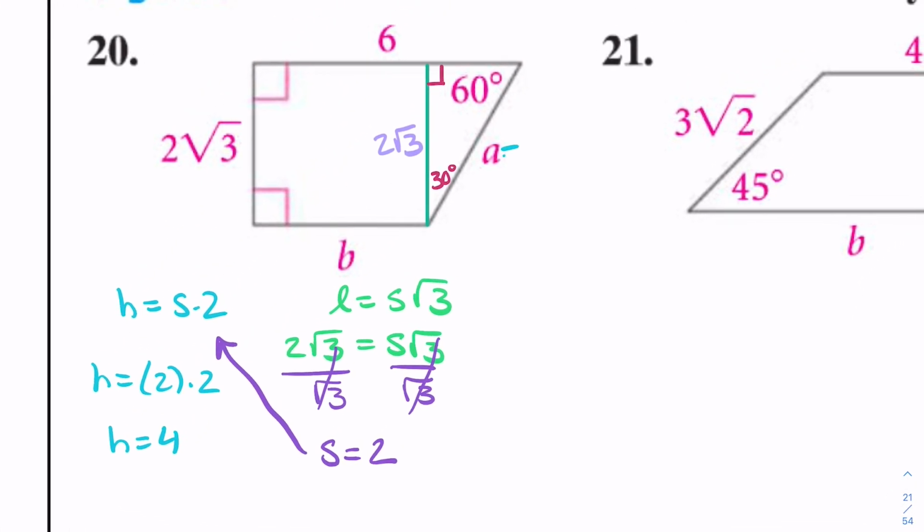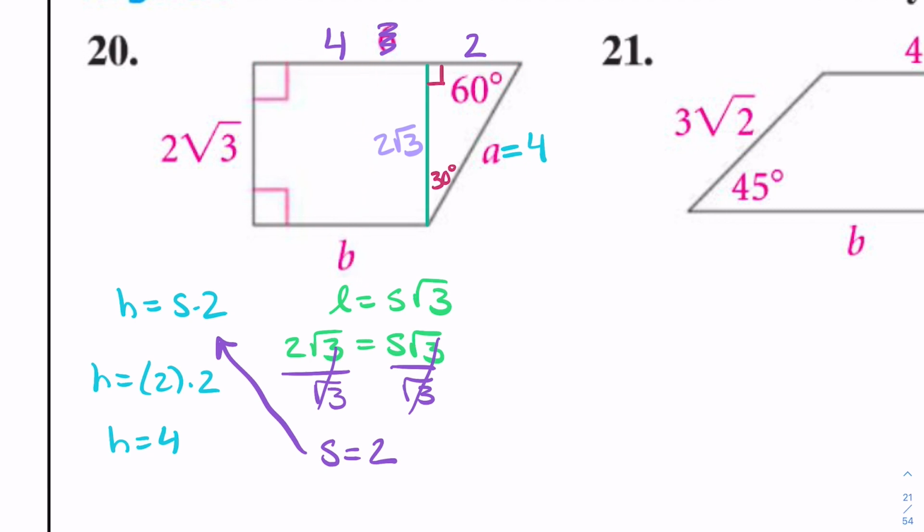So A is 4, because that's opposite the right angle. That's my hypotenuse. Opposite the 30 is 2. Now, hold on, this whole thing is 6. So what we have to do is break 6 down and write it as 2 and 4. 2 parts of the 6 are here. The other 4 parts are right here.